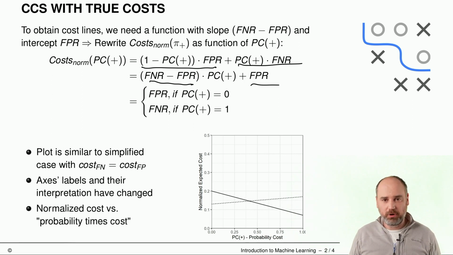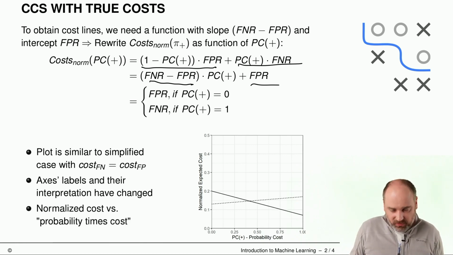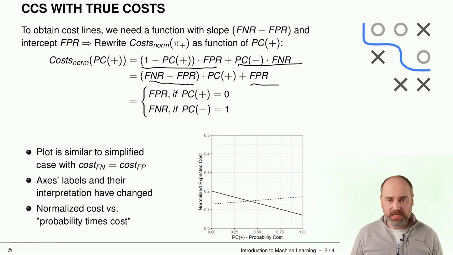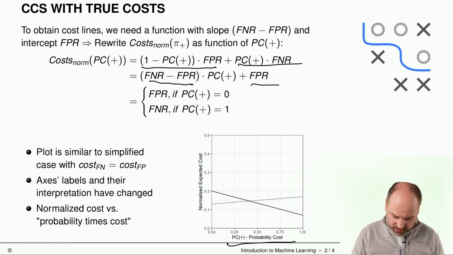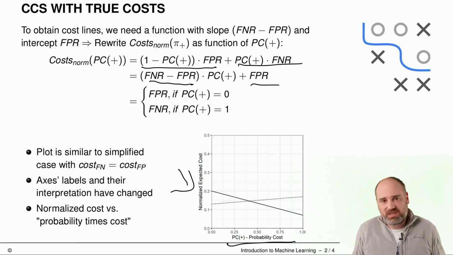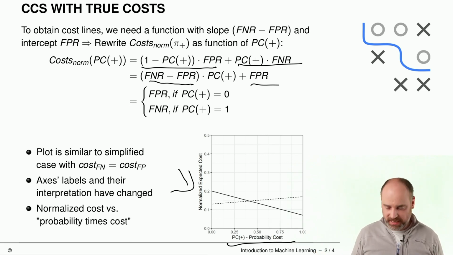We can go from hard label points in ROC space to these cost lines and back again. The only difference is now we plot this in terms of this probability cost. So axes have changed their meanings. Here it's PC plus, and here it's normalized expected costs, especially the y-axis we have strived for anyway.